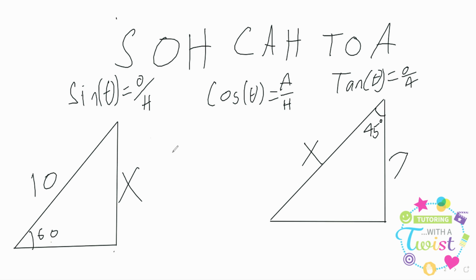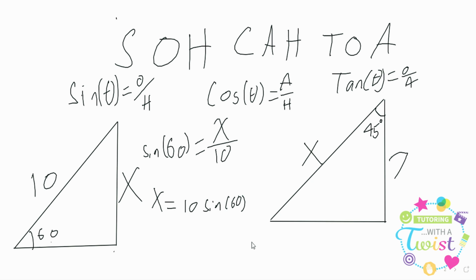We can say sine of 60 equals the opposite, which is just x, over the hypotenuse, which is 10. Solving this for x, we would multiply both sides by 10, and we would have that x equals 10 times the sine of 60.